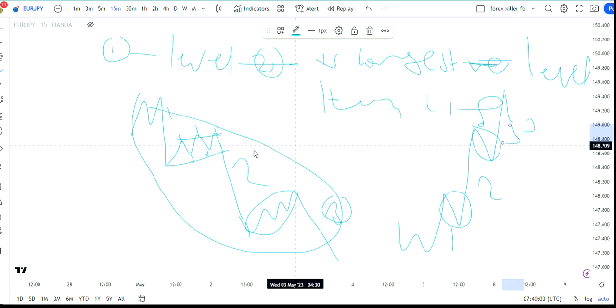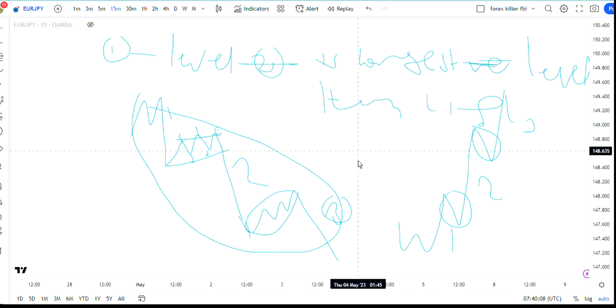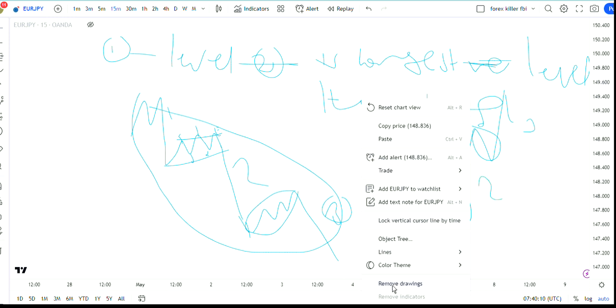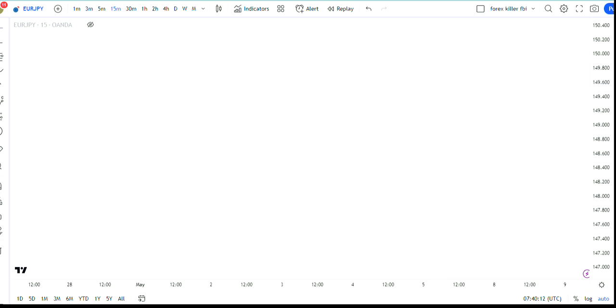And the second thing you have to note right here. Look here, ladies and gentlemen, what are we drawing inside the market chart?